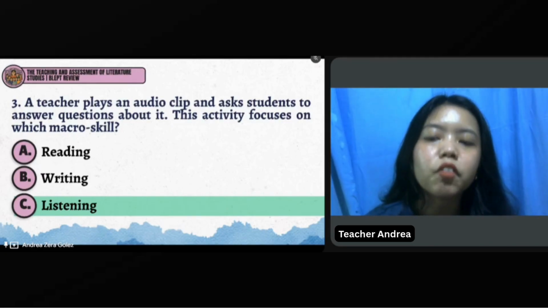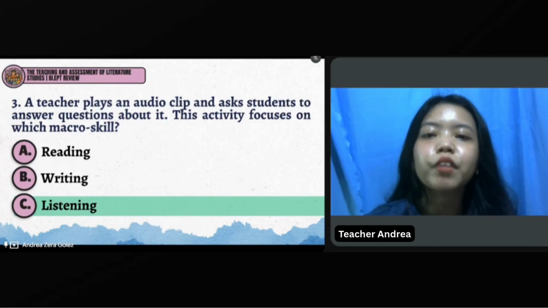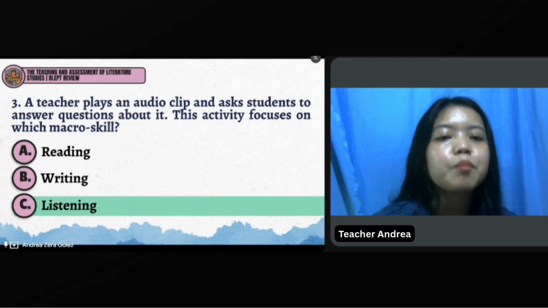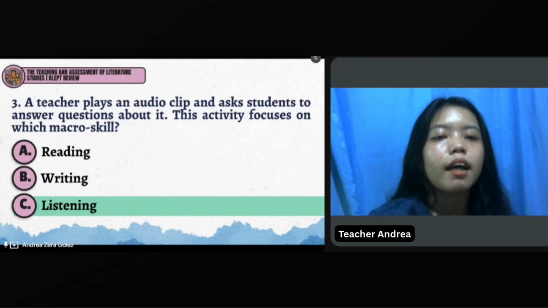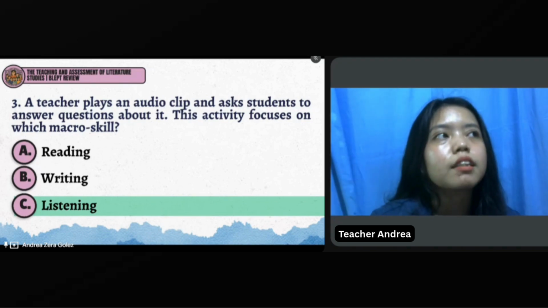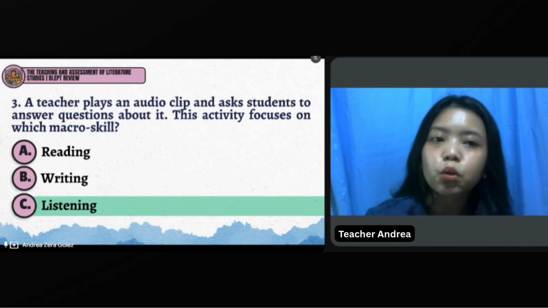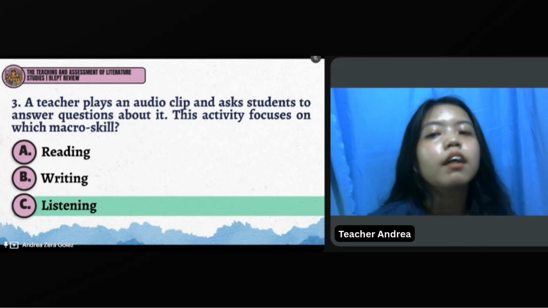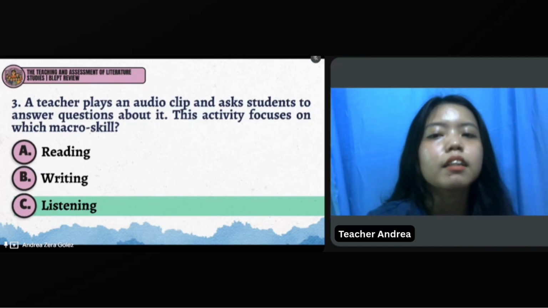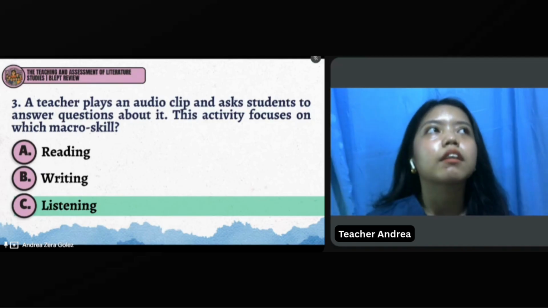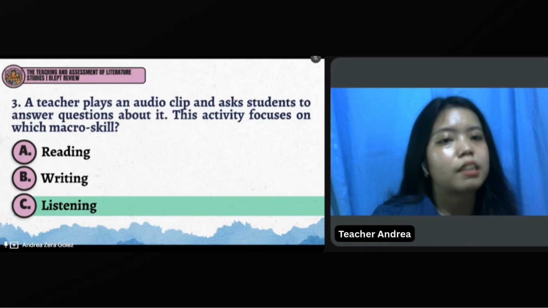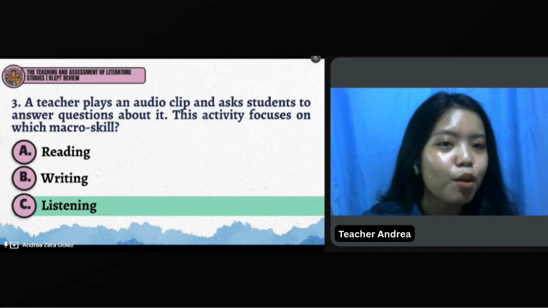Reading and writing are not applicable for this activity because the questions are not presented in a way that students can read them. On the other hand, in writing, the students are not instructed to write the questions, but rather they are just listening to them. Is that clear?